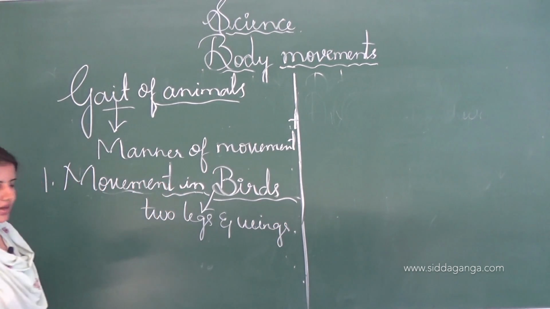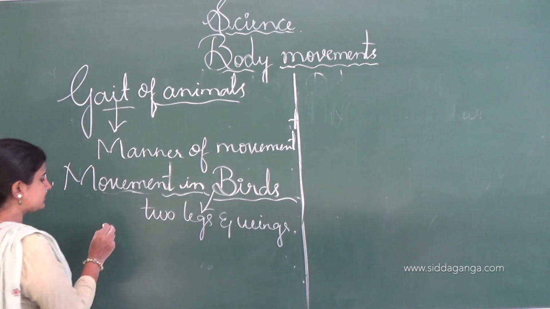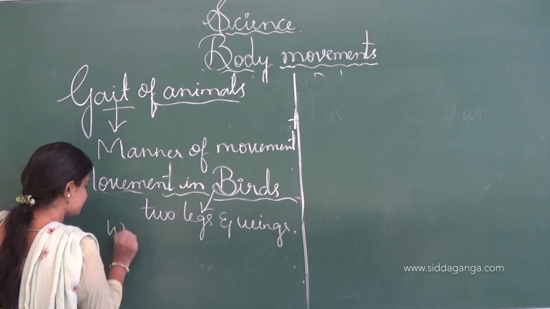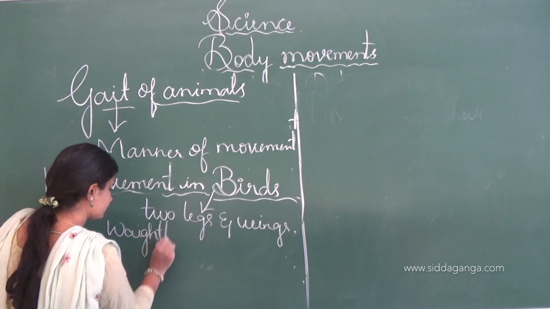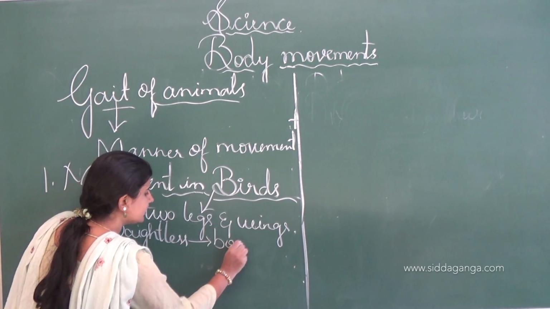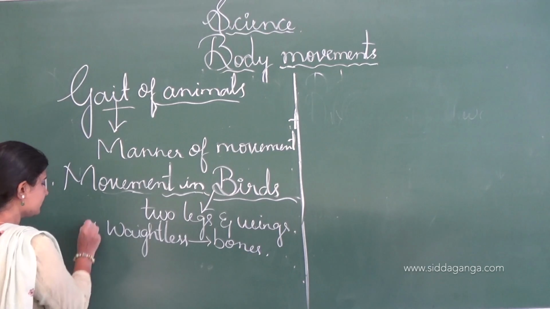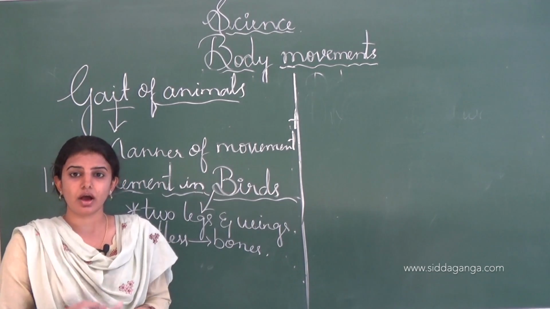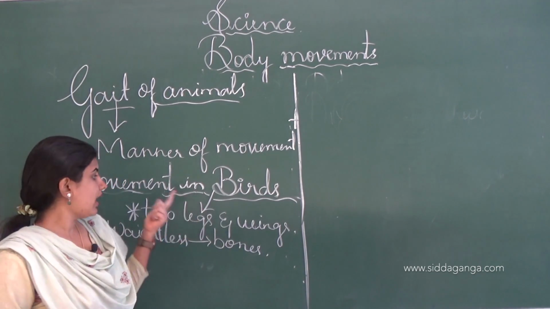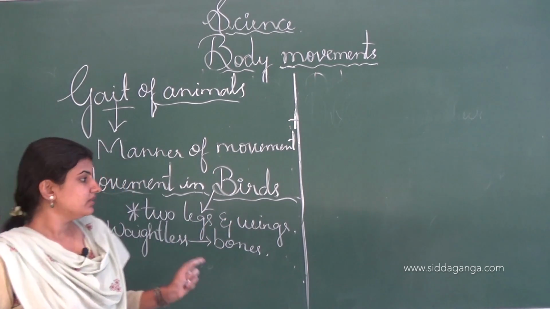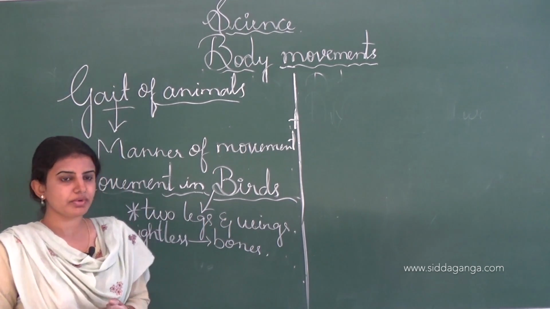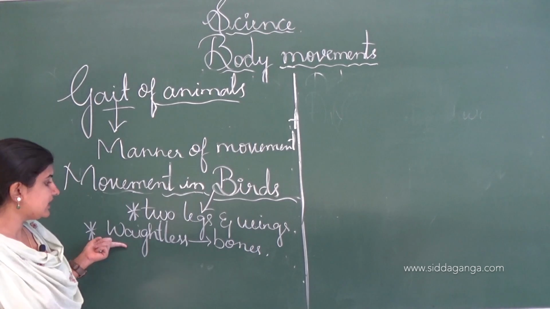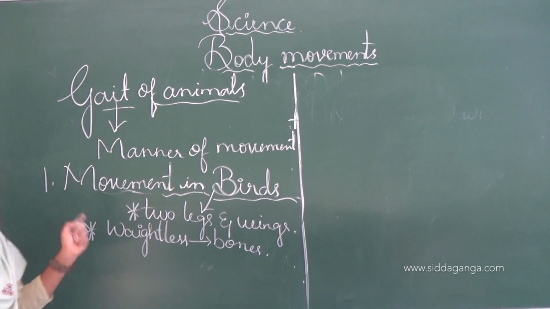The bones of birds are pneumatic, meaning hollow in nature and weightless. Weightless bones are present in birds, so that's why they fly in the air. In an ostrich, which has heavy bones, it flies only to some extent, but compared to other birds it can't fly, because in the ostrich heavy bones are present, whereas in birds there are hollow or pneumatic bones, which are weightless, and thereby they easily fly in the air.